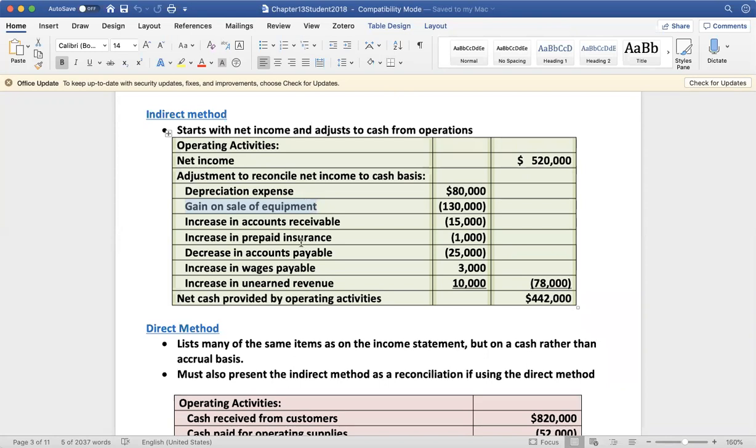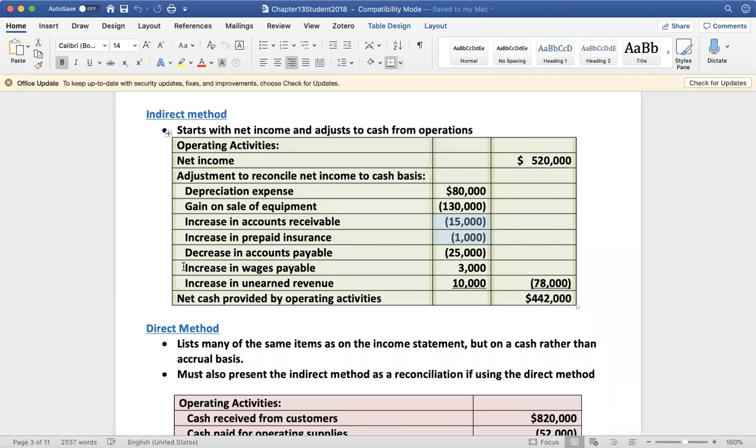And also, we're going to have the adjustments for current assets and current liabilities. If you remember, for any increase in current assets, we do a deduction from our net income.